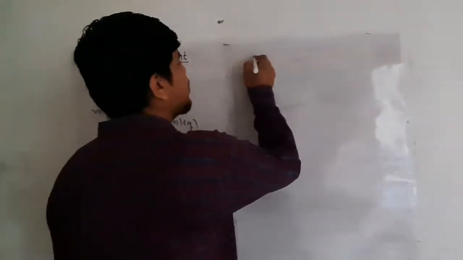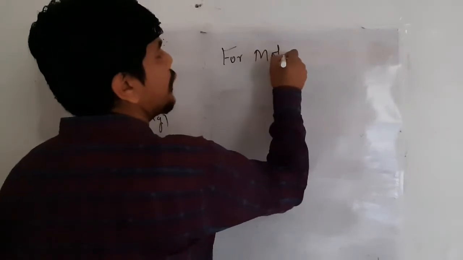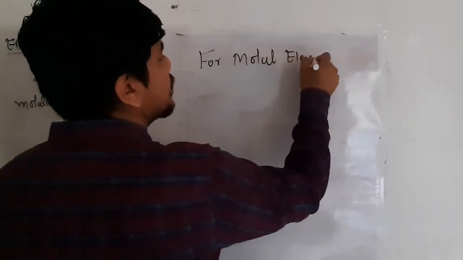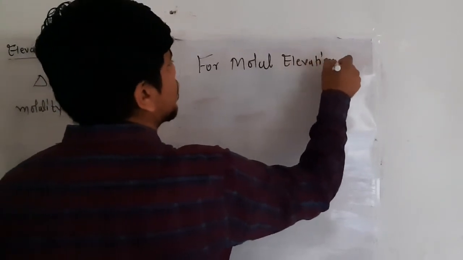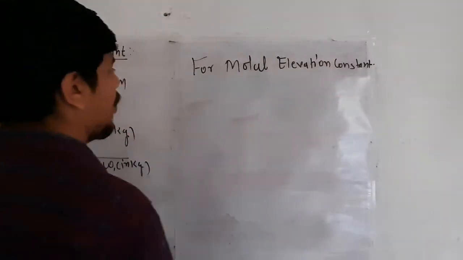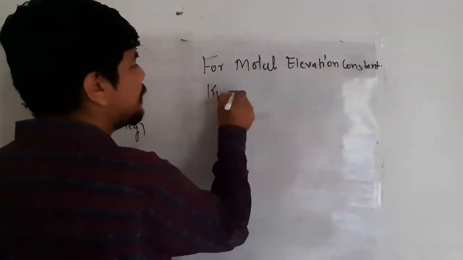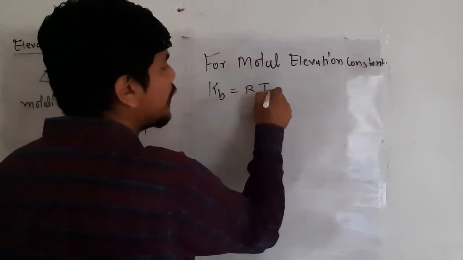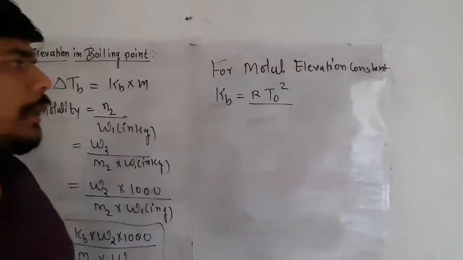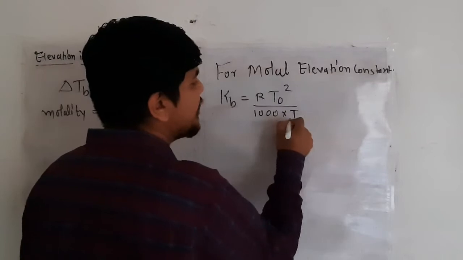For the molal elevation constant, there is one formula: Kb is equal to R T0 square upon 1000 into Lv.